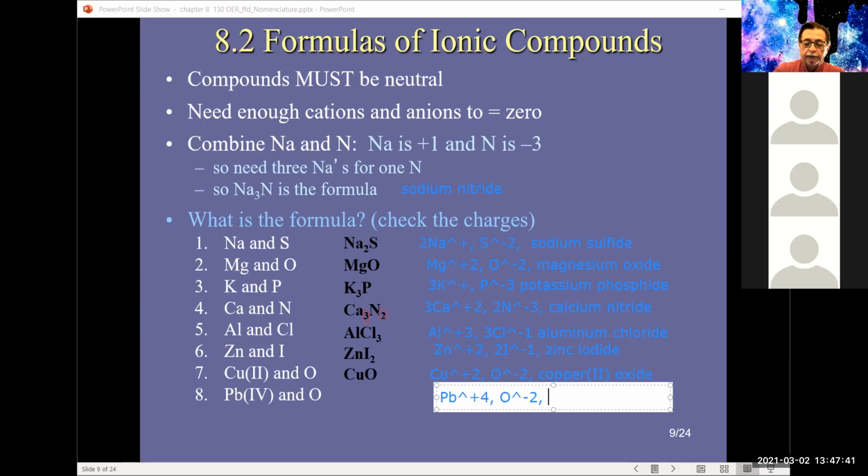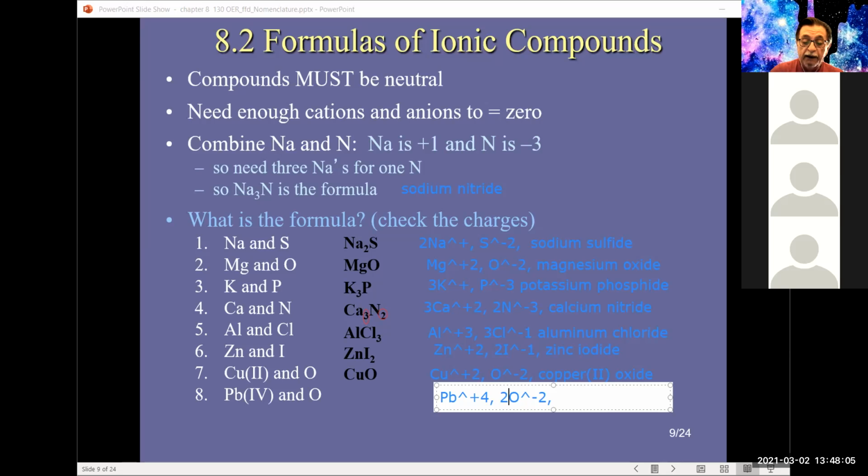And since lead has a +4 and oxide has a -2, that means I need 2 oxides to cancel the +4 from the lead.